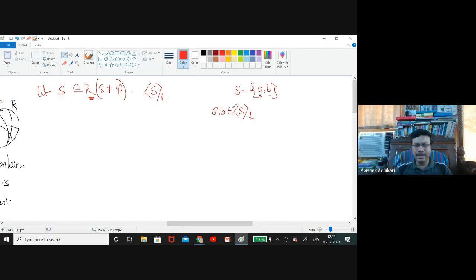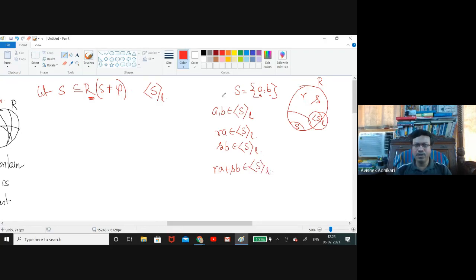And since this is an ideal, so this is R, this is my S, and this is the ideal generated by S. Since this is a left ideal, from the property of left ideal, take any r, so rA should also be within this, right? Similarly, take any element s, so sB will also be within this. And since they are ideals, their sum rA plus sB will also be within this.